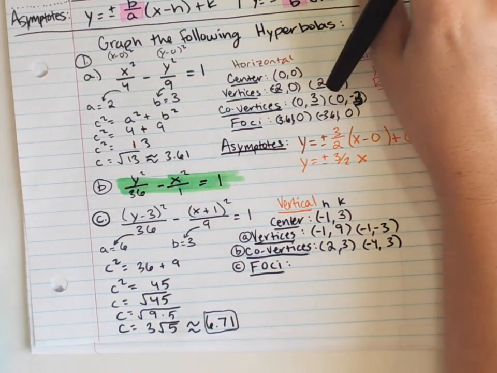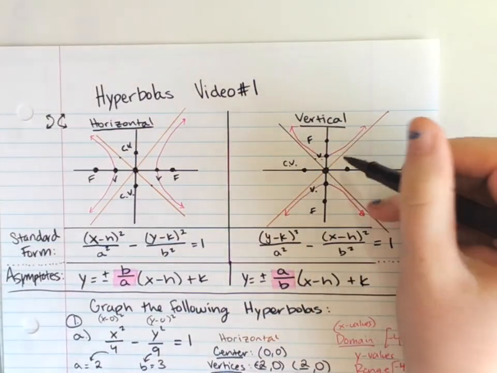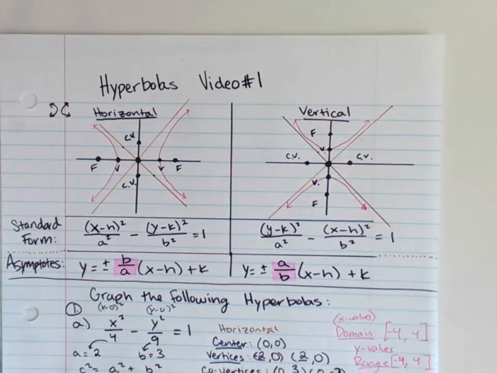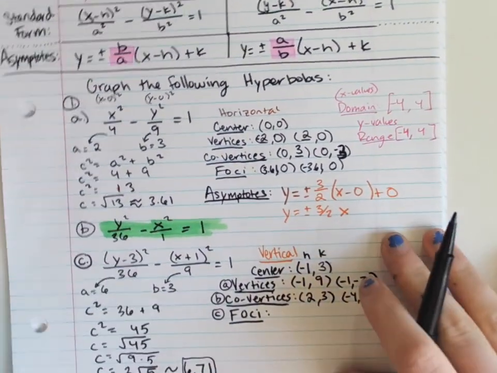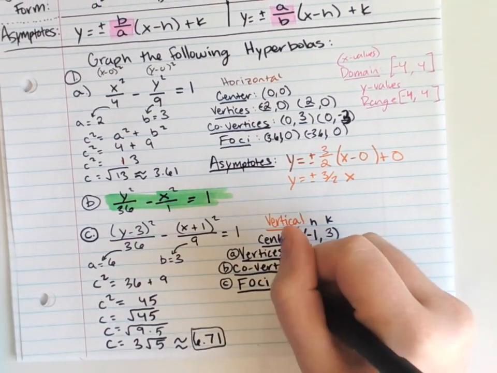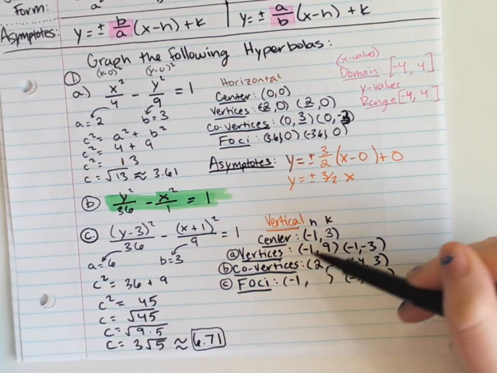The foci for vertical, oops, if we're adjusting from the center, it is adding a C value up and a C value down, but the X didn't change. So we're going to keep the X value from our center, -1 comma something, -1 comma something, because that's not going to change.